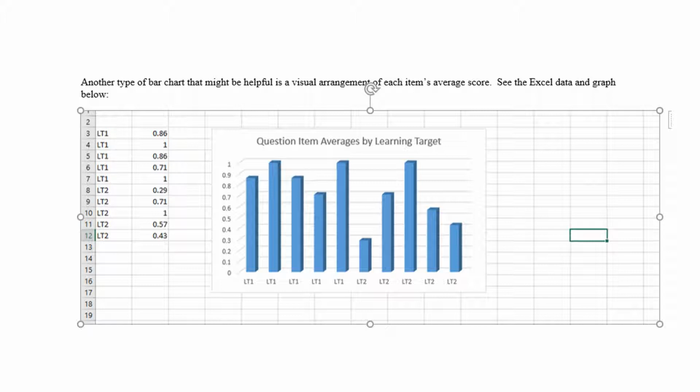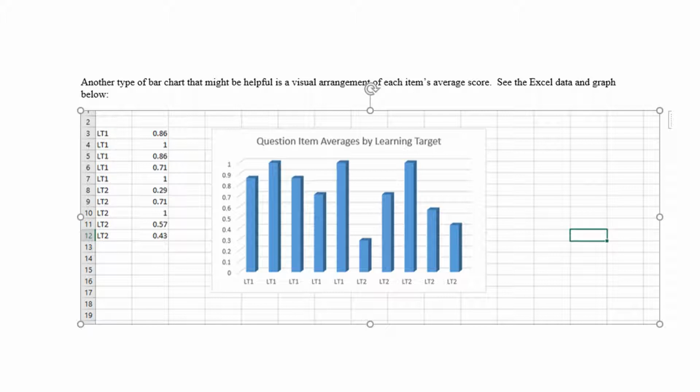You can see here that it's sort of a chaotic arrangement of scores, except that I have put in learning target 1 first. So all the items for learning target 1 and all the items for learning target 2. And if you just look at it, if you kind of draw a line down the middle, you can see that learning target 1 has taller bars and therefore higher scores than learning target 2.